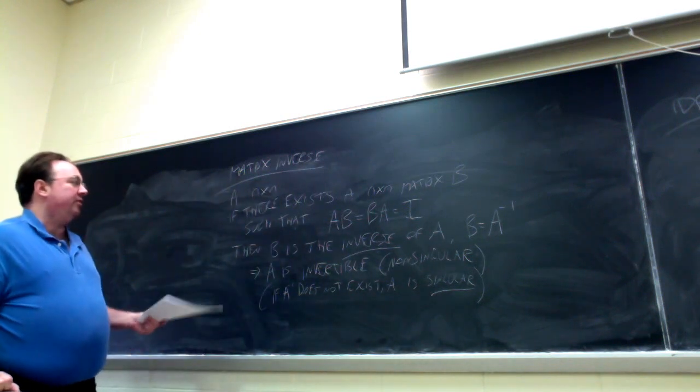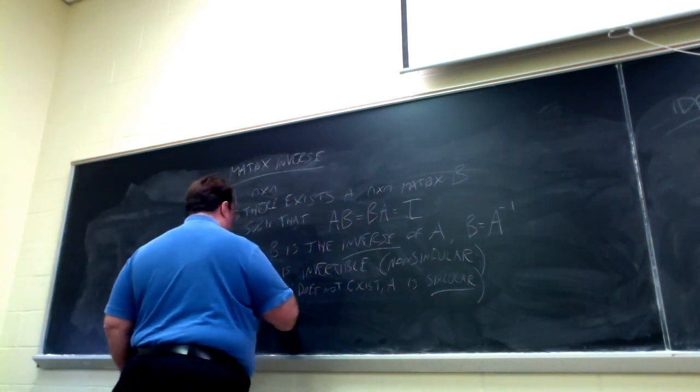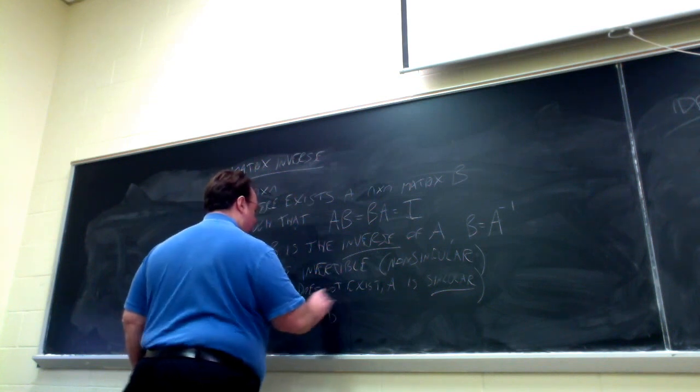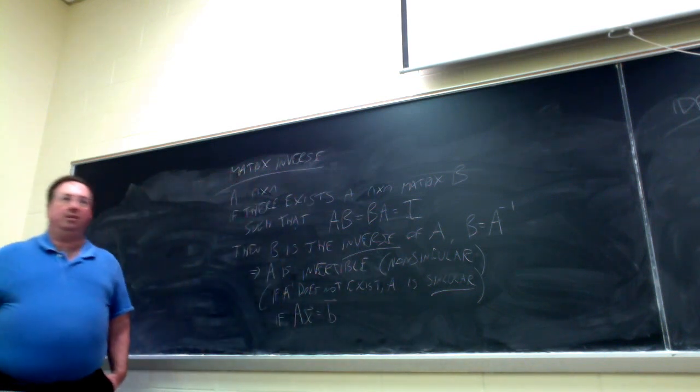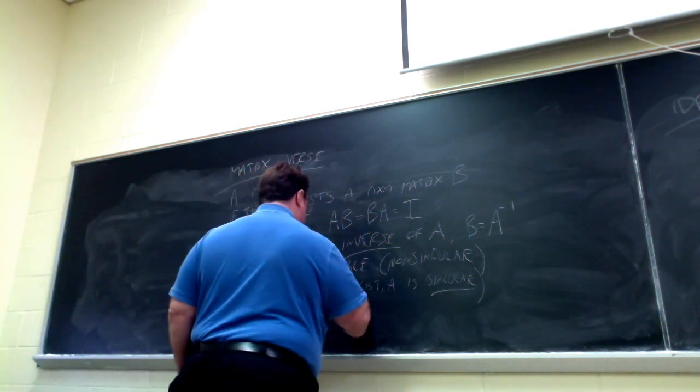Now, the inverse gives us a nice way to describe a system of linear equations. So suppose we have a system of linear equations I've described before, Ax is equal to b.